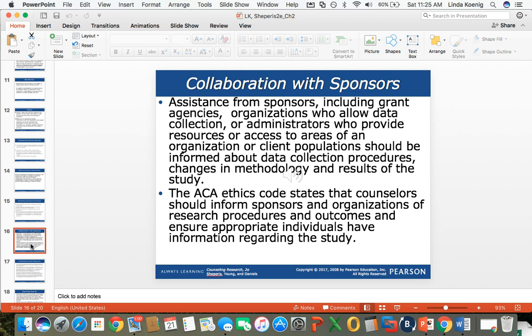They need to be very aware of what our data collection procedures are, if we change anything about our methodology, and then at the end, what the results of the study were. We actually should have some type of report and meeting with our sponsors and go over what the report means.